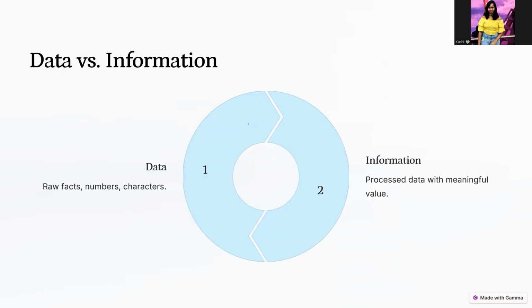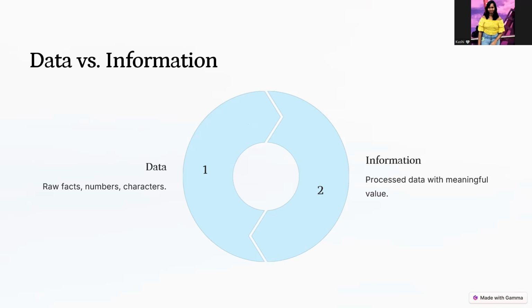Then another one is data and information. Then let's differentiate between the data and information. Data is raw facts like numbers or letters, while information is processed data that has a meaning.